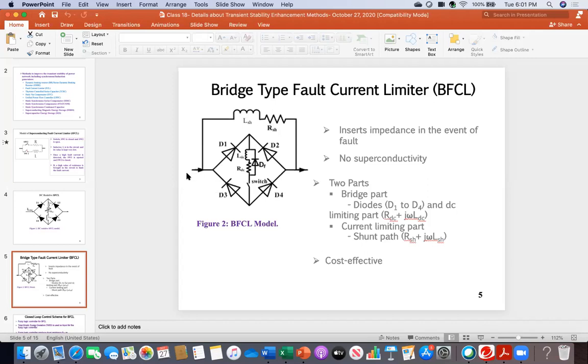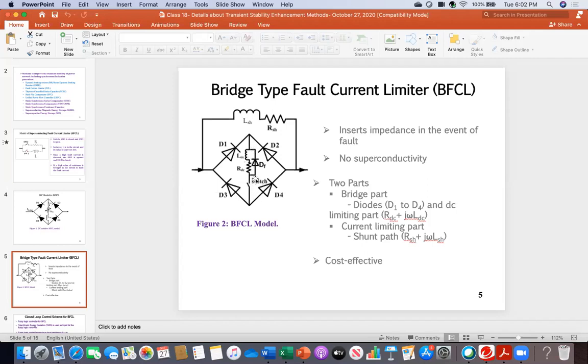So you see that during normal condition, once again, current is flowing through this way, there is very little resistive loss, but that is fine. And then this switch is closed. What happens? Fault happened. Fault happened means this current will be higher. Higher current is going, converted into DC, but then there will be a controller.